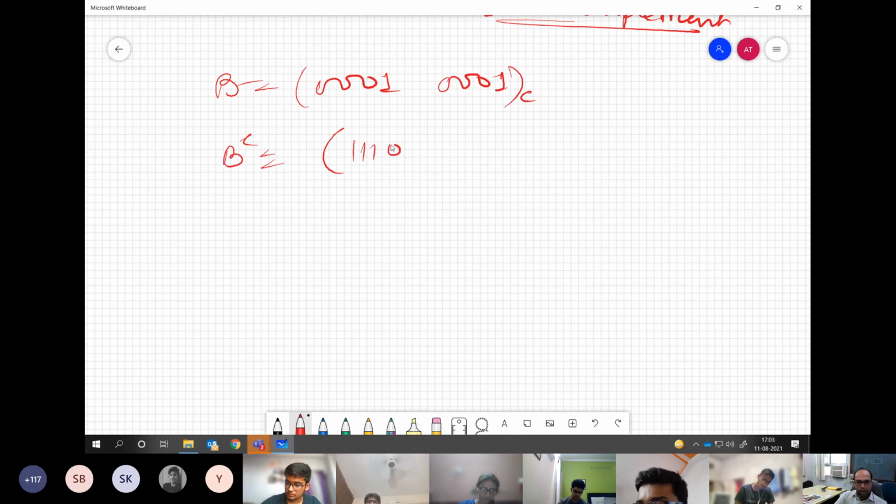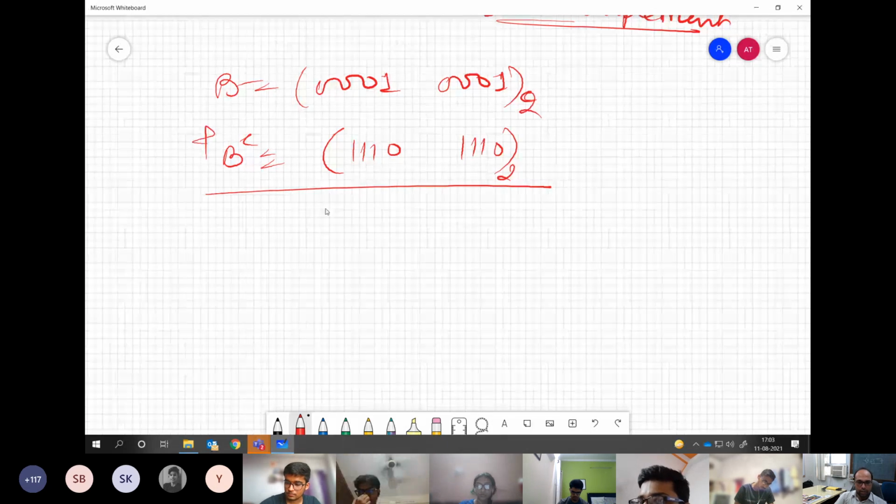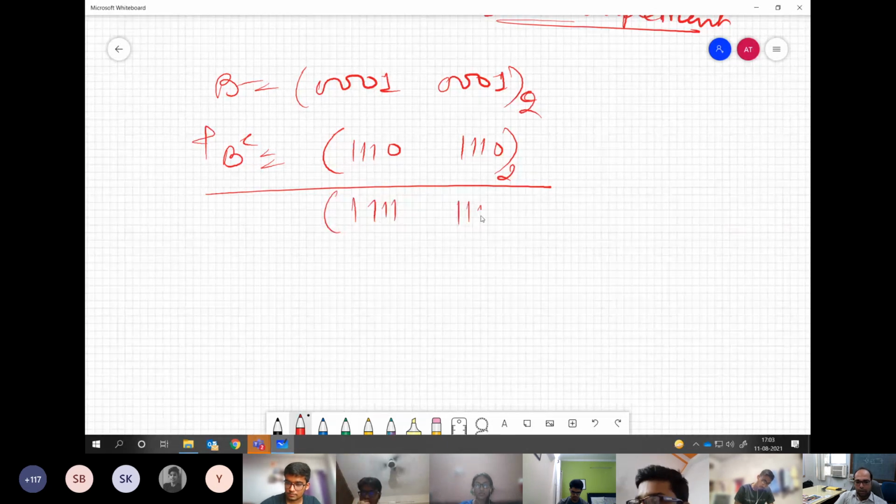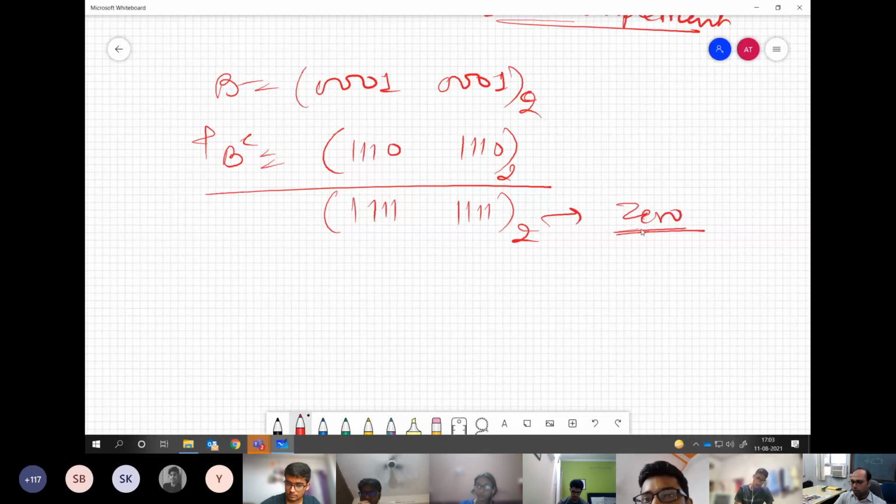We can write it like this. This is the complementary of this, and of course if you add them, you get 11111111. This is another representation for 0. So don't forget, when you are doing ones complement and twos complement, if you add the numbers, you see the difference. By rule they come out like this.